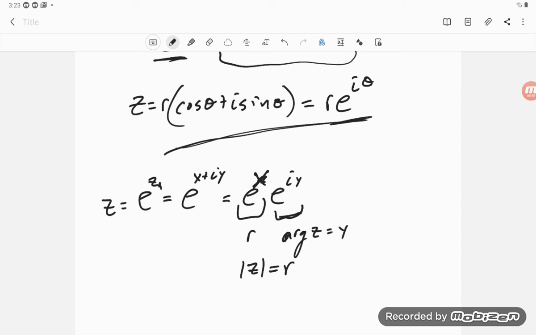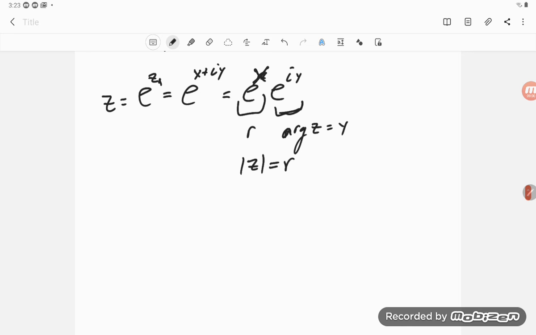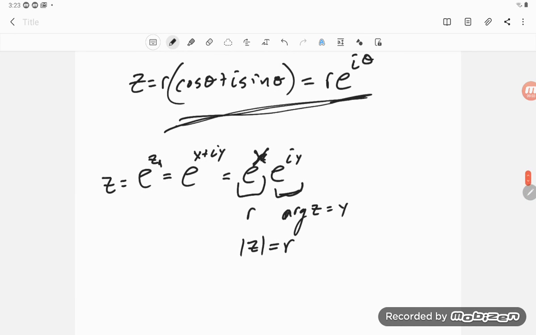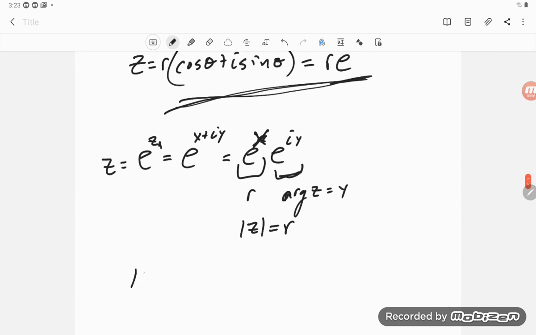Actually, something to also point out with that polar form, which we didn't do when we just introduced it and arg z: if I look at the magnitude of z under the polar form, the absolute value of z would be the square root of r squared cosine squared theta plus r squared sine squared theta.